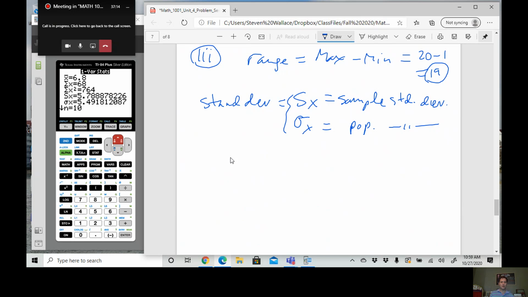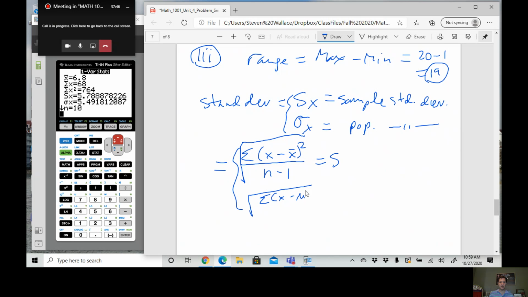Now, the way we solve this, you take the data values and you take their difference from the mean and you square them up. Then you add all those up and then you divide by the sample size minus 1. Then you take the square root of the whole shebang. Or if you have the population values, this is the formula for that.